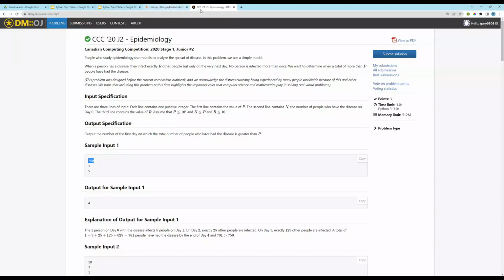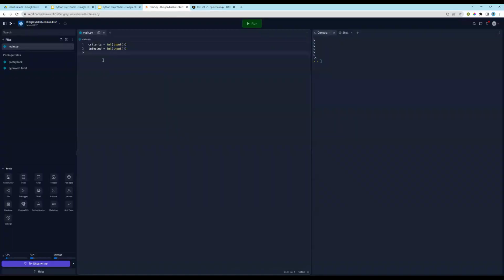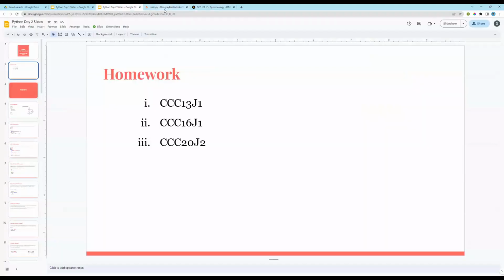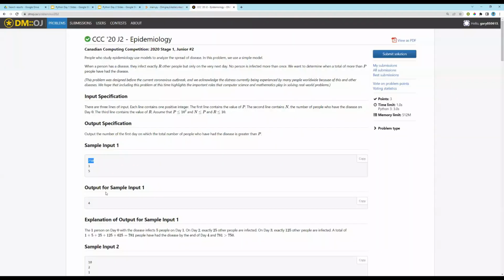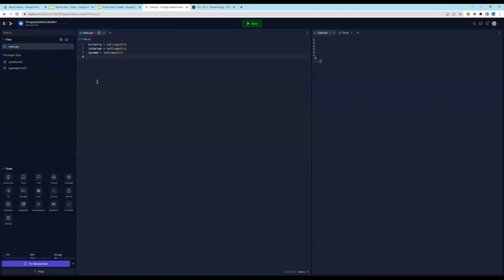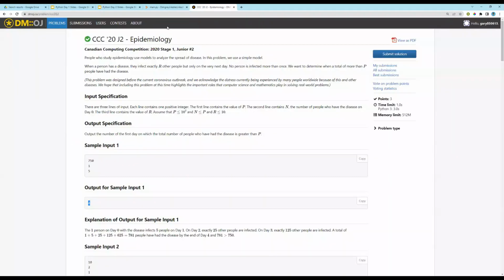And lastly, we have how many people one can infect, which we can call spread. This is how many people it will spread each time. And in order to find a solution, we're asking about the day on which the disease surpasses the criteria, so we also have to keep track of a variable called day. We start at day 0.